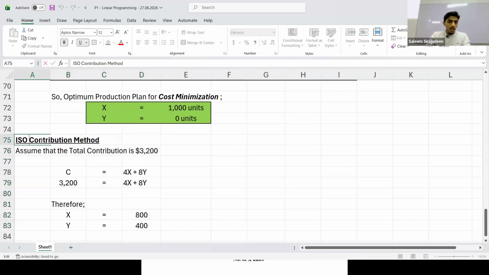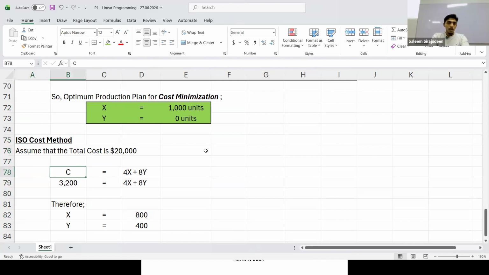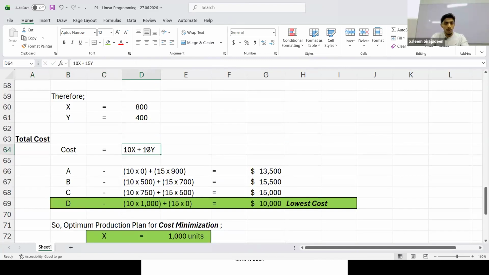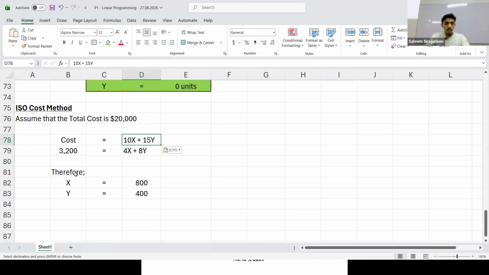ISO cost. Assume that the total cost is 20,000. Then what is your cost formula? 10x plus 15y.